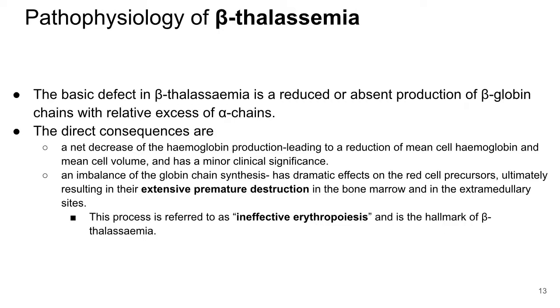An imbalance of the globin chain synthesis has a dramatic effect on red cell precursors, ultimately resulting in their extensive premature destruction in bone marrow and in the extramedullary sites. This process is referred to as ineffective erythropoiesis and is a hallmark of beta thalassemia.